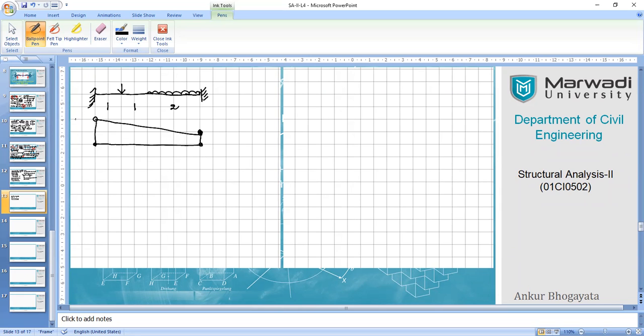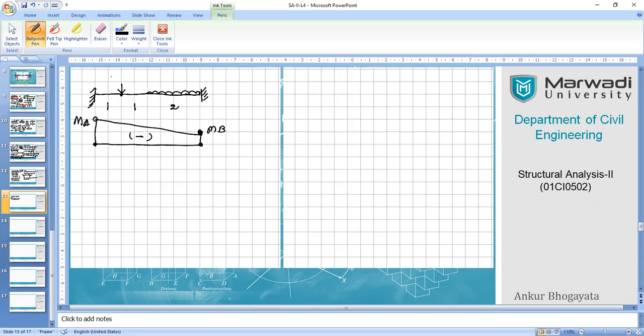Okay, so this is your MA, this is your MB, right? This will be negative. Now, by using the reactions, simply you can obtain the moments about the points, right? So, tentatively, right now I'm drawing the tentative diagram.